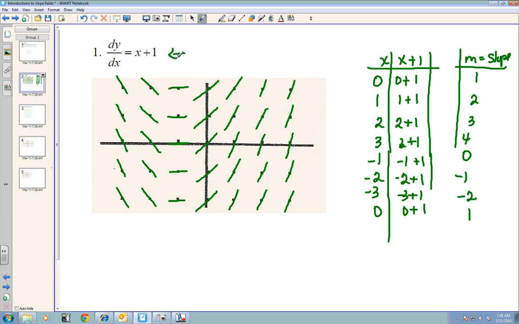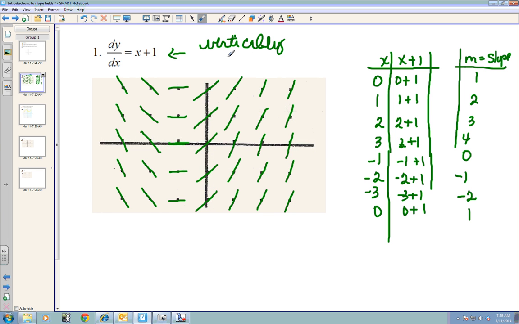Now, somewhere on your sheet you need to write this. If you noticed, when I am in terms of x only, so whenever I have x as my only variable in my slope equation, all of my slopes vertically will be the same.